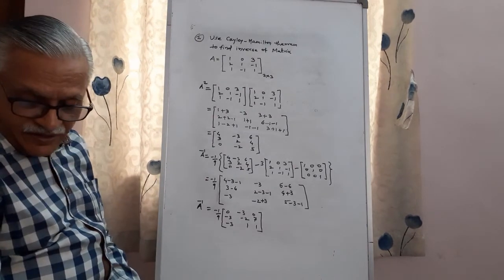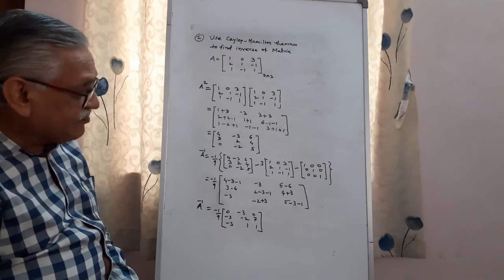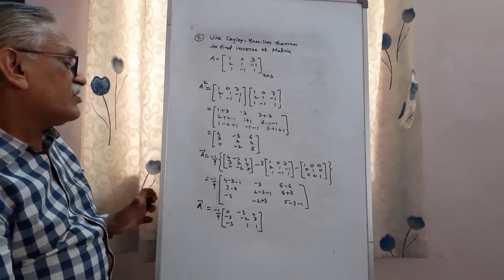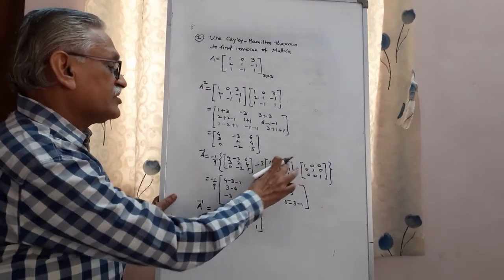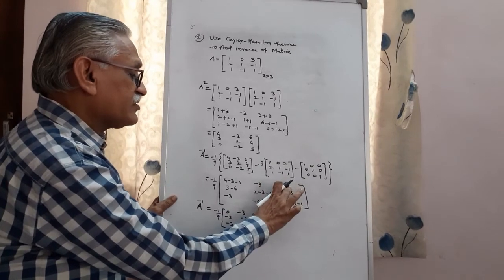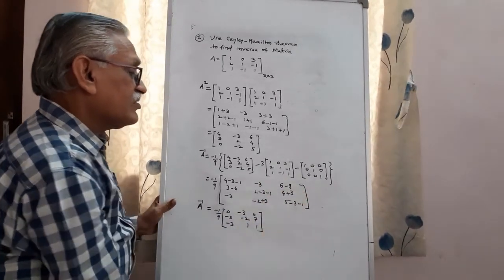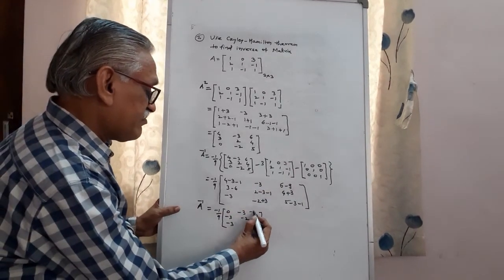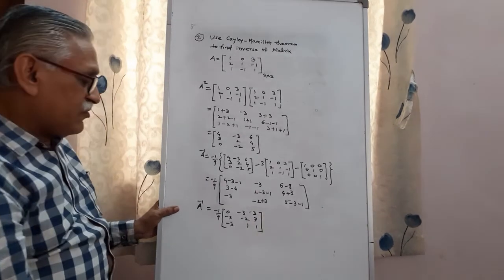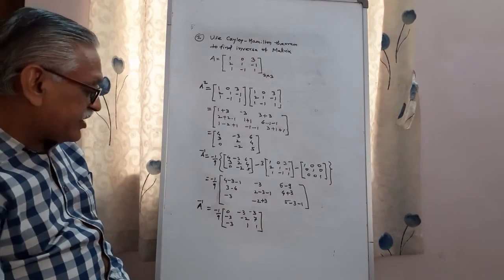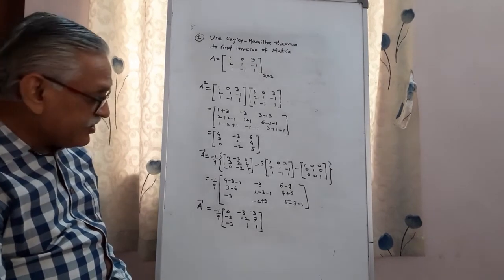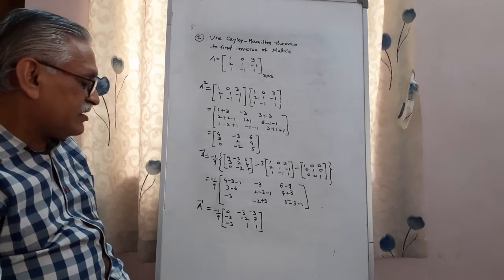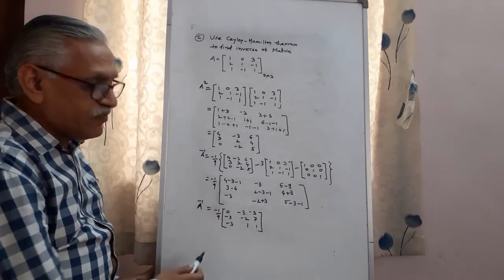Values are minus 1 by 9, 0, minus 3, minus 3, minus 3, minus 2, 7, and minus 3, 1, 1 into minus 1 by 9. This is the required answer.